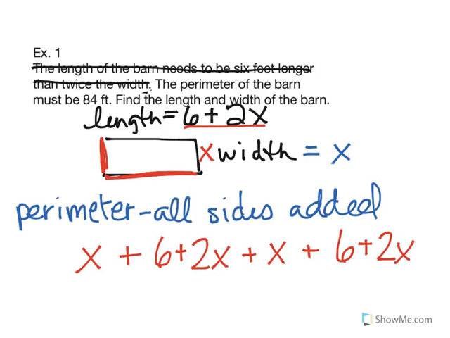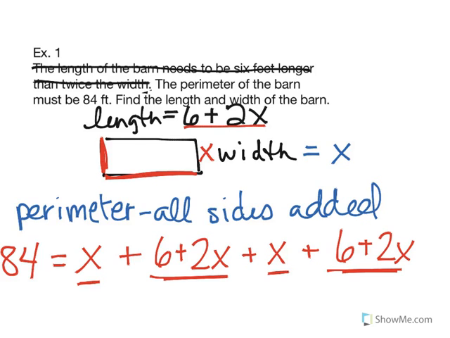So even though I only labeled 2 sides, I end up adding all 4 sides. My width, my length, my width, my length. And it says all together, this needs to add up to 84 feet.